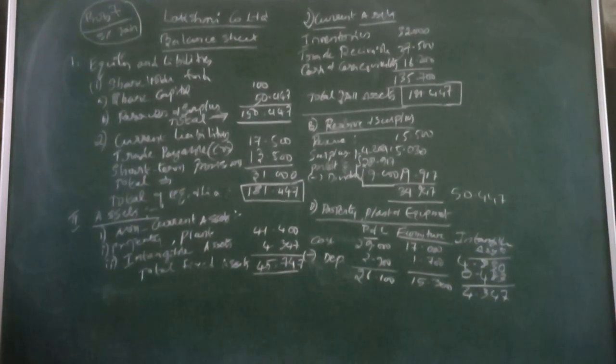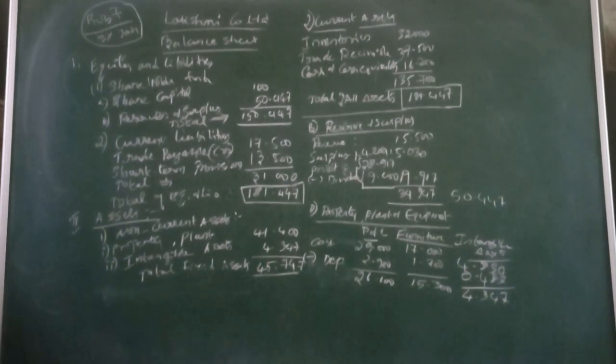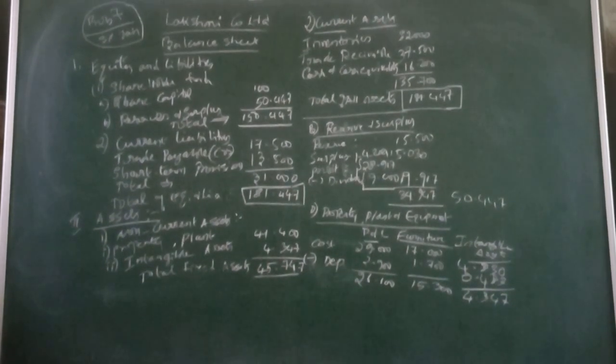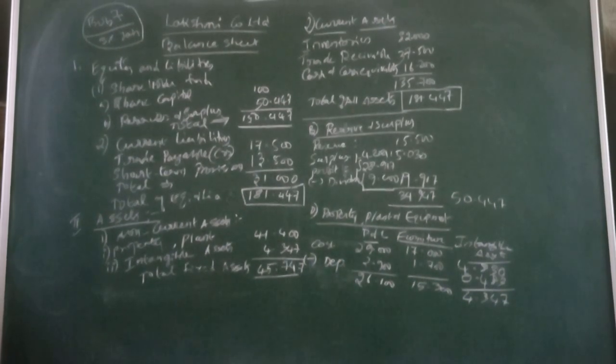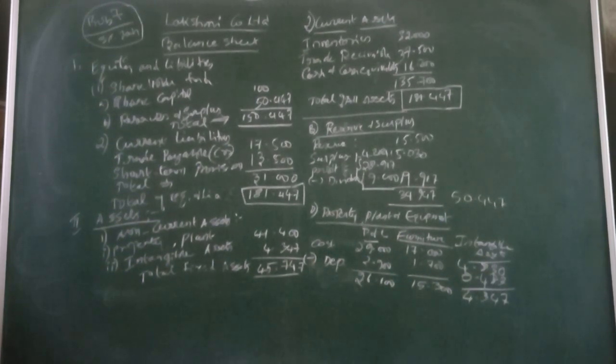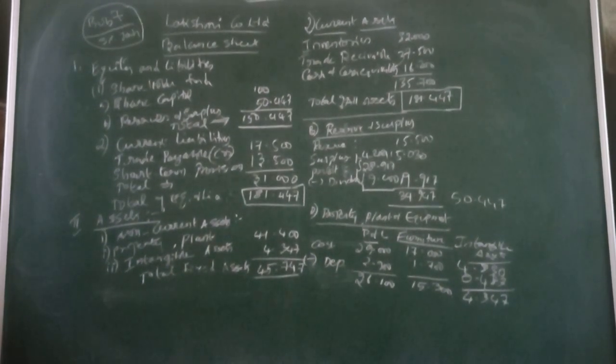Then coming to the other part of the balance sheet, which is assets. I already told you: one, current assets, that we know very well; another, fixed assets, which are not shown under the name of fixed assets. They are called non-current items. So on the asset side we have to take only two headings: one is non-current assets and another is current assets.